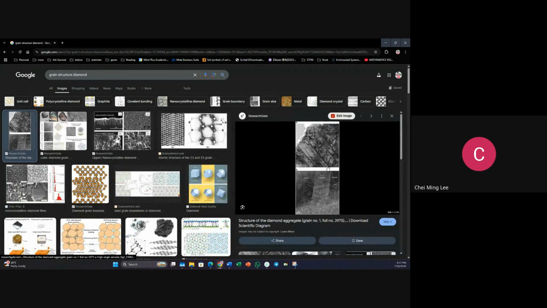The structure has already become very compact. When it is very compact, the atoms are very near to each other, so the van der Waals forces become very strong because they are very near.